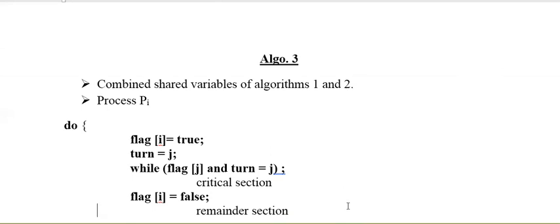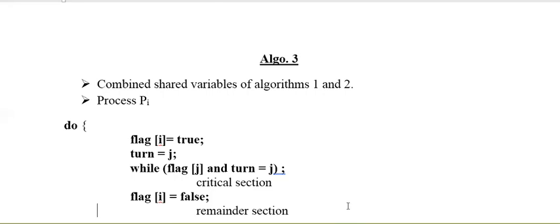The first one was quite effective with respect to giving turns to each other, that according to your turn, I am going to perform my task. And the second one says that this is my interest to perform the task. If I can combine both things, then I take the decision on the basis of my interest, and apart from my interest, I am going to give preference to the next process.